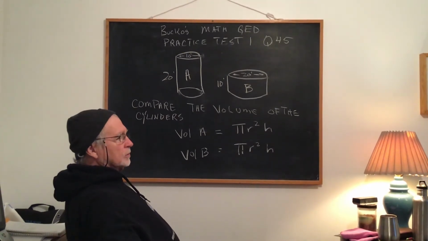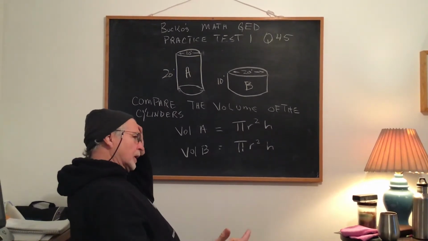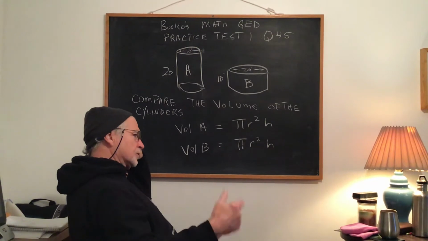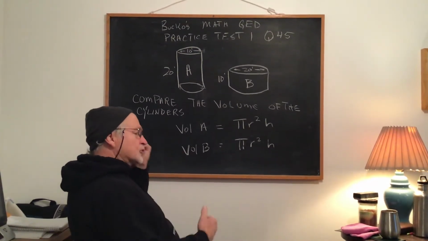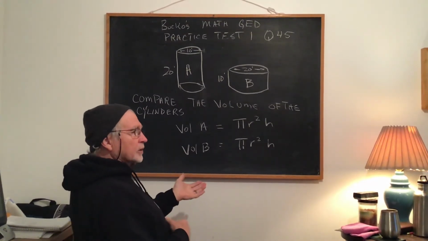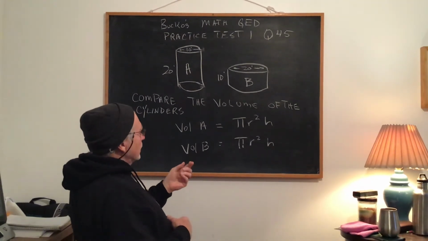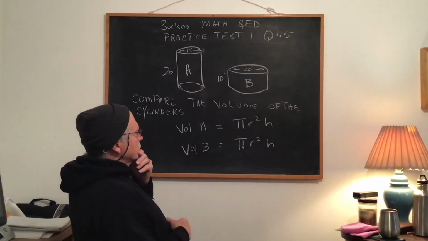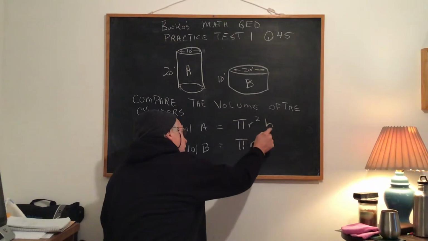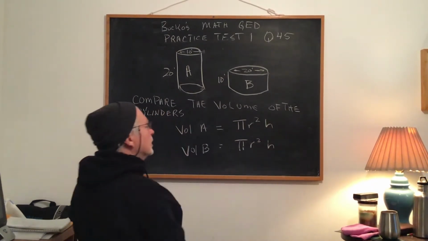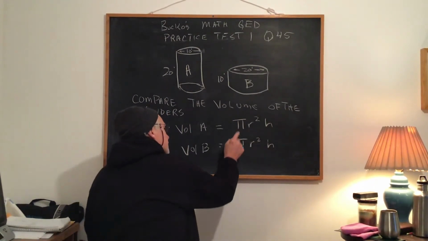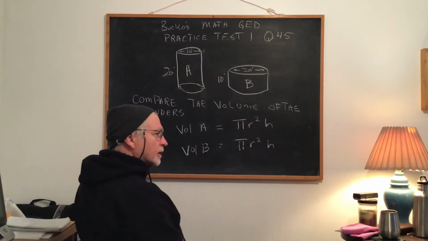So that really isn't going to enter into it. And when you're comparing the two, if you want the actual volume, you would have to plug in 3.14. But we're just comparing. So all we need to do is this part of the equation for each, because these guys remain the same.